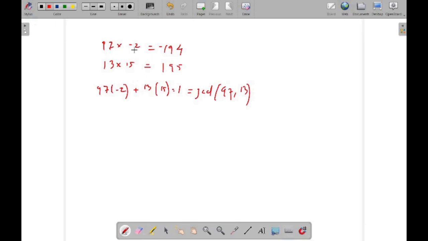We know 97 into minus 2 is minus 194, and 13 into 15 is 195. So 97 into minus 2 plus 13 into 15 is equal to 1, that is the GCD of 97 and 13.